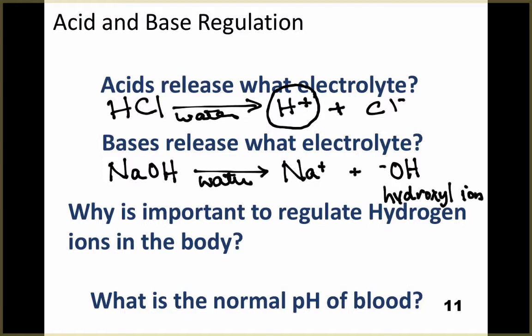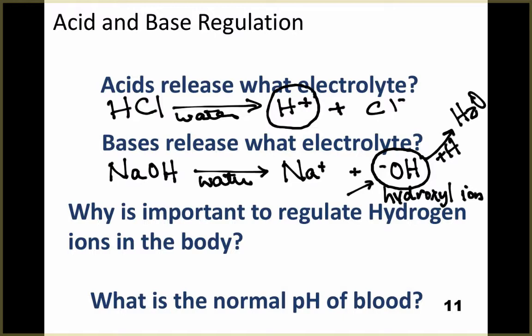Right? And so the hydroxyl essentially here is what the base donates, what kind of electrolyte. Because remember, this right here is going to combine with a hydrogen to make water, and then essentially it's going to help to neutralize. But it releases these hydroxyl ions.